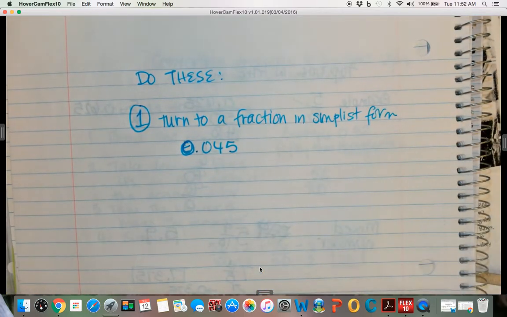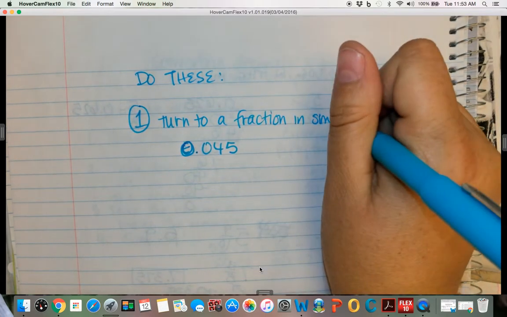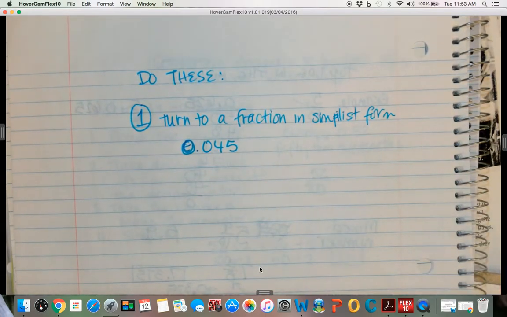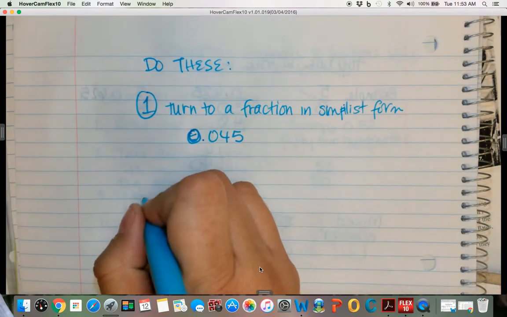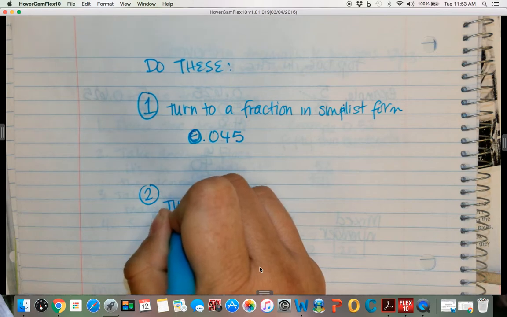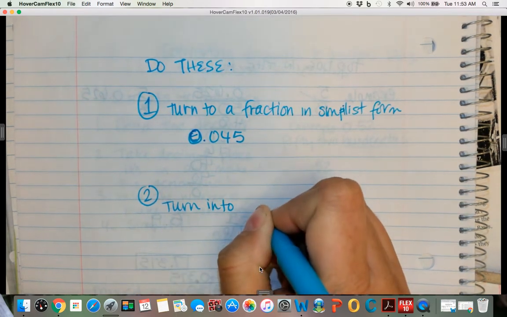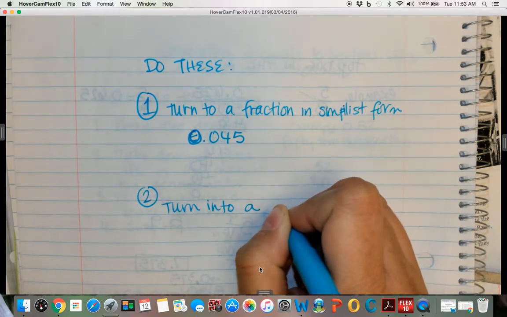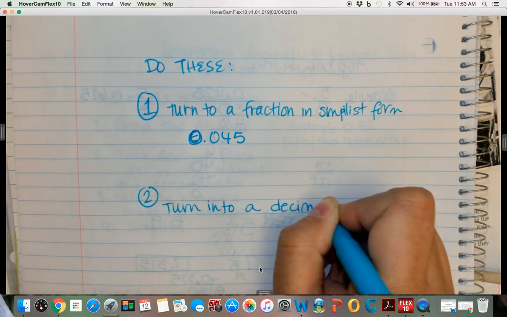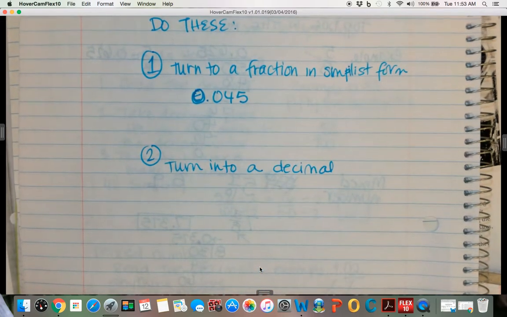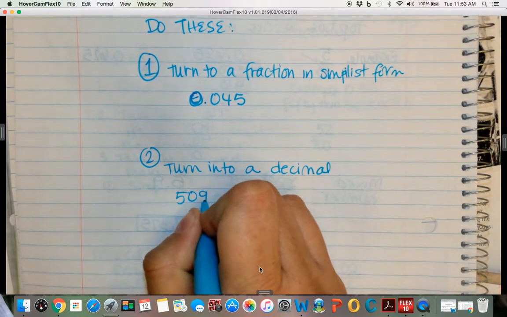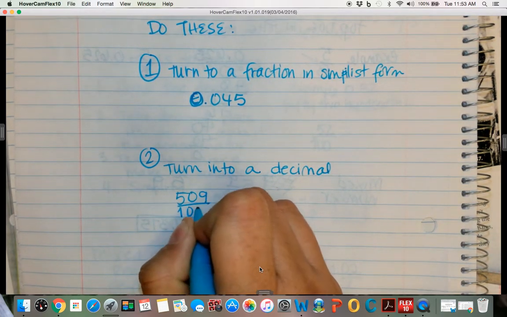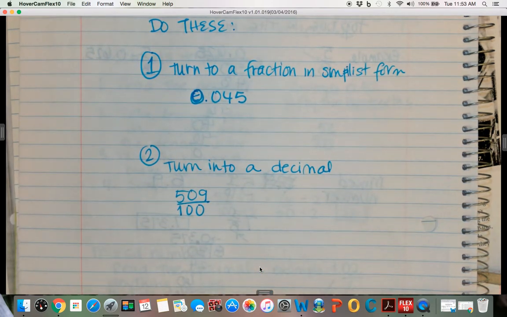Okay, do that one, and then do this one: turn this into a decimal. Ooh, I'm going to challenge you to see if you can figure this one out. This is my fraction. It's improper, but it's still a fraction. See if you can make it a decimal. All right, we'll talk about it tomorrow.